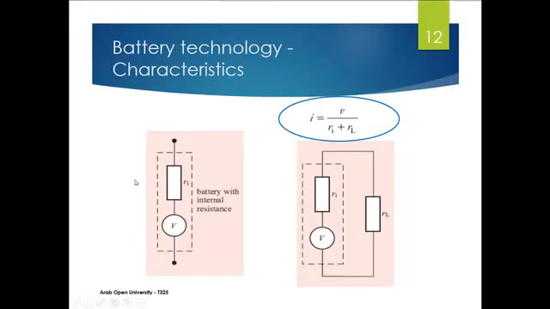Each battery has an internal resistance, so it is characterized by the voltage and the internal resistance. And when connected to an external resistance, or load, we have the equation that the current is equal to the voltage over the sum of the two resistances.